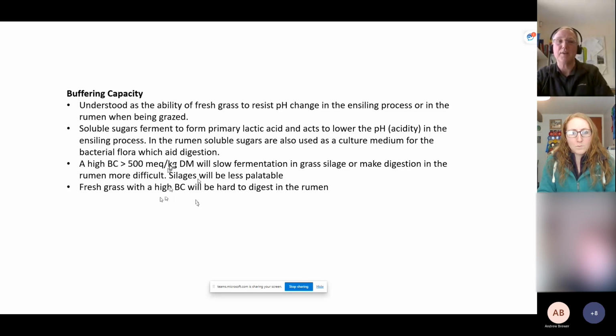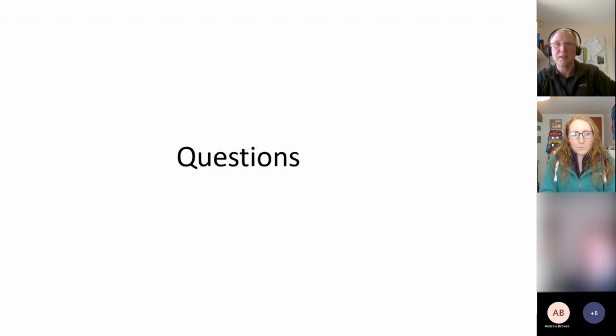So high BC will be over 500 milliequivalents per kilogram dry matter, and that will slow the grass fermentation process in the making of the actual silage. And in fresh grass with high BC, again, it's hard for the animals to effectively digest that because of the resistance to pH change.